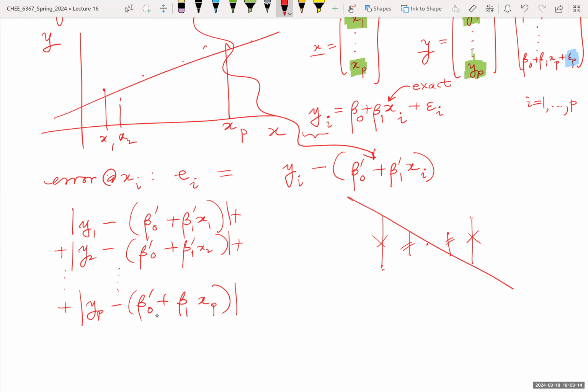Actually, interestingly enough, that's what people in the 18th century considered first, the absolute values, which is more difficult to solve. Today it can be solved very easily because you can convert it to a linear programming problem on the computer. So it's solvable trivially. But mathematically, you cannot analytically find the solution.